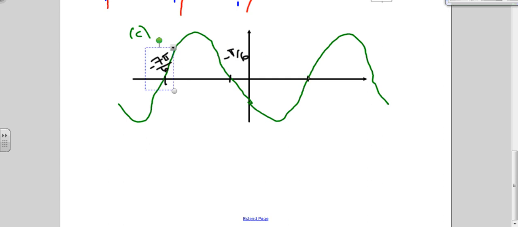And then instead of crossing at pi here, we cross again at 5 pi over 6. And then here we would cross again at 11 pi over 6. Still going down to minus 1 and still going up to 1, but we've had a reflection and a translation occur at the same time.